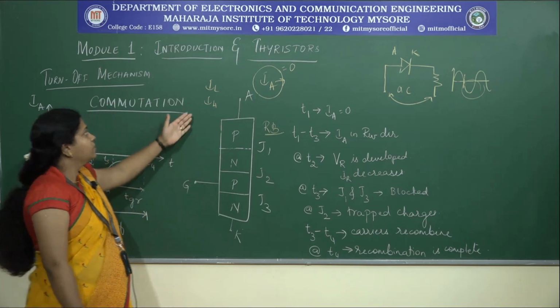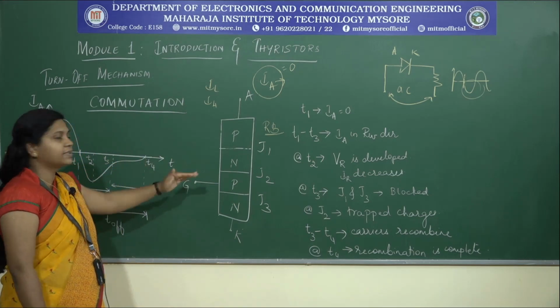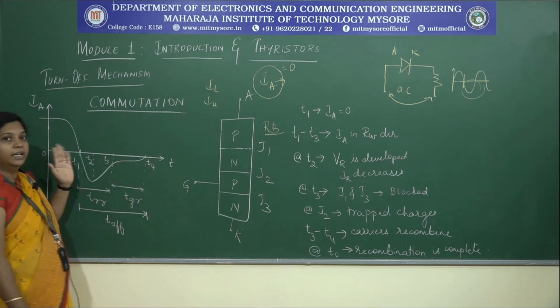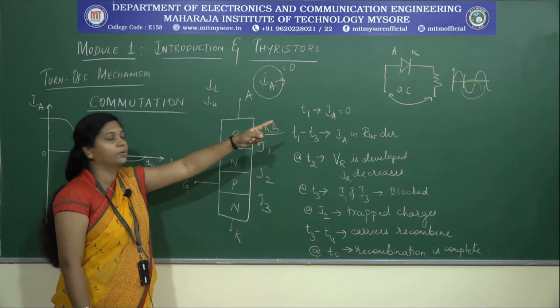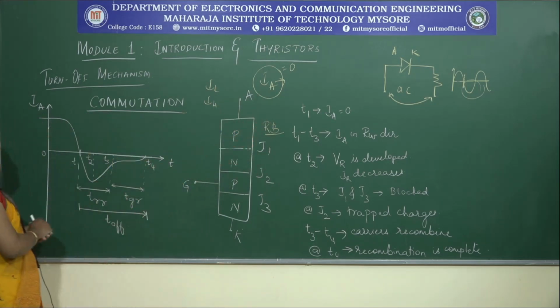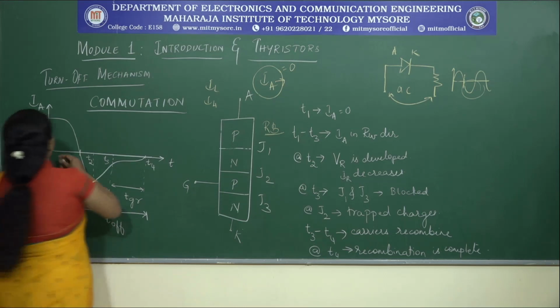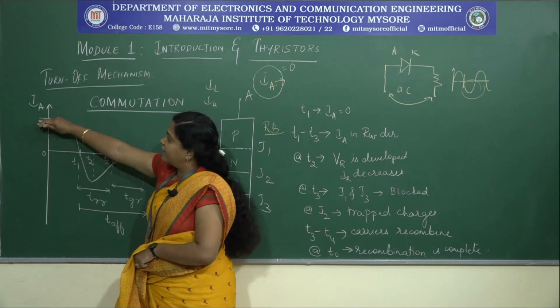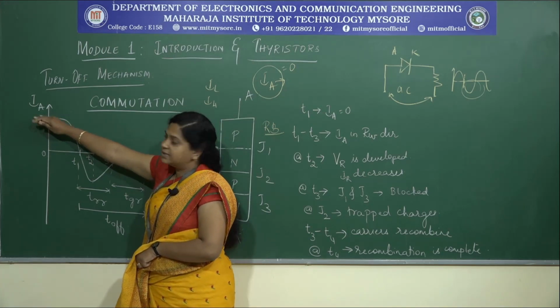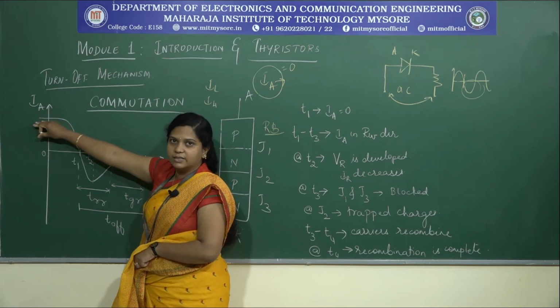Okay, so now let us come back to this waveform. Initially, as I said in the case of a diode, as soon as the current goes to 0, what happens? Let us say this is the anode current. Here we have a high anode current, which means it is still in its on state.